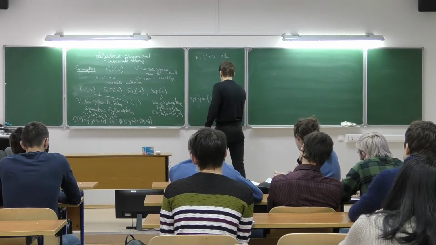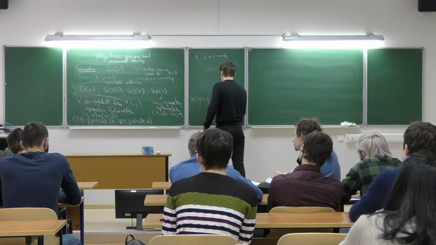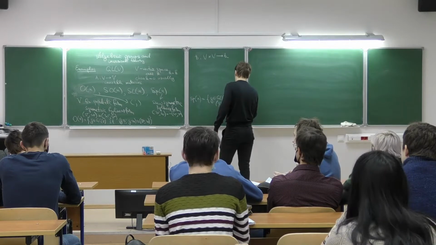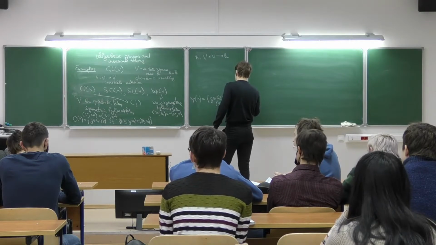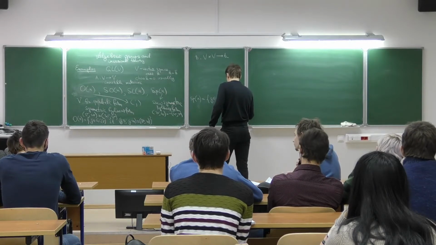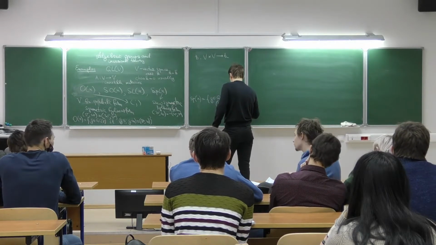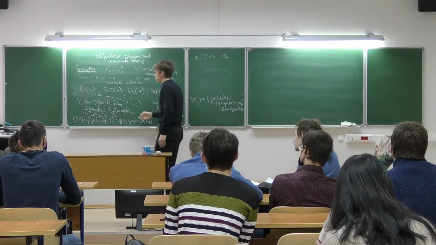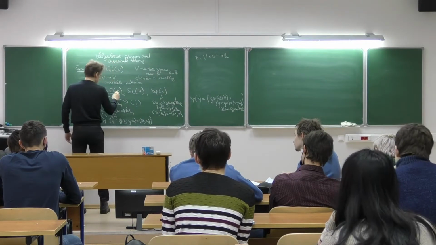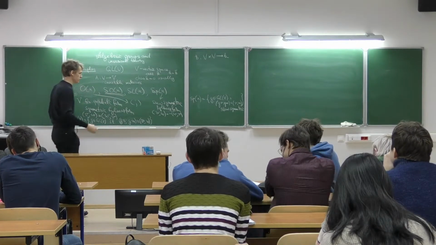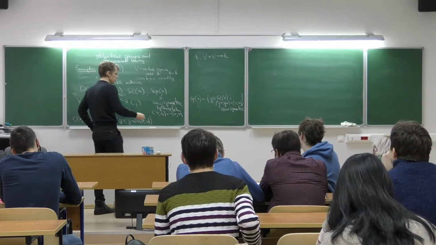such that (gv, gw) is equal to (v, w) for the skew-symmetric form. And as for this group, you have an additional condition that it preserves the orientation.